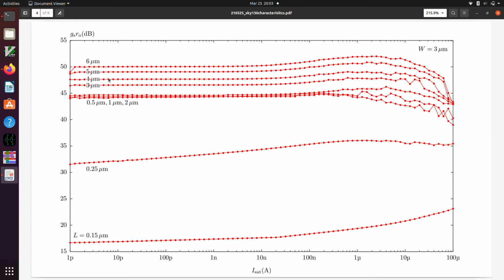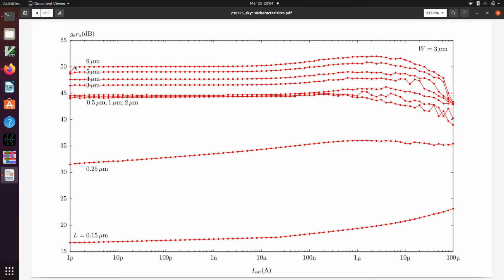And the other thing that's quite surprising is that for a device that's 6 microns long in this technology, which is, let's see, 1.5 microns would be 10 times minimum channel length, so this would be 40 times minimum channel length, the intrinsic gain of these transistors is only 50 dBs, which is less than a factor of 1,000, which is really, really strange. I would not expect that for devices that are this much longer than the minimum channel length. So that's something to be aware of.